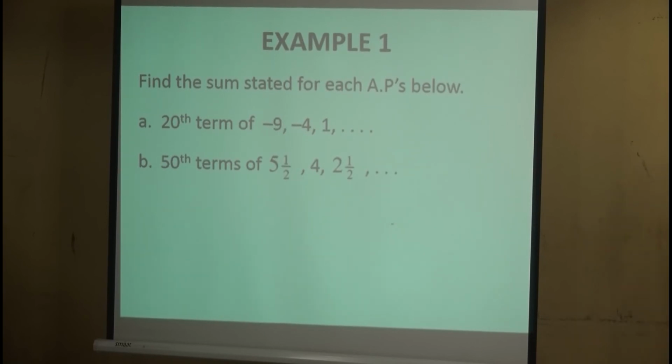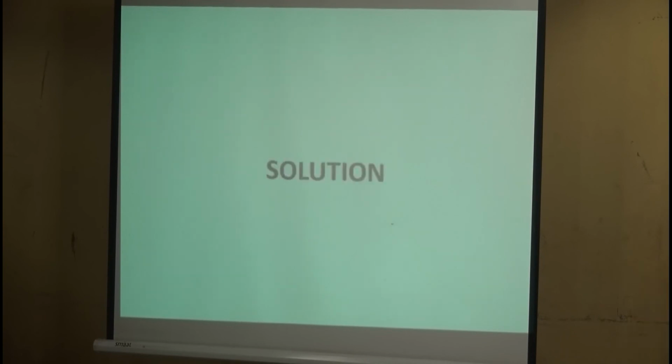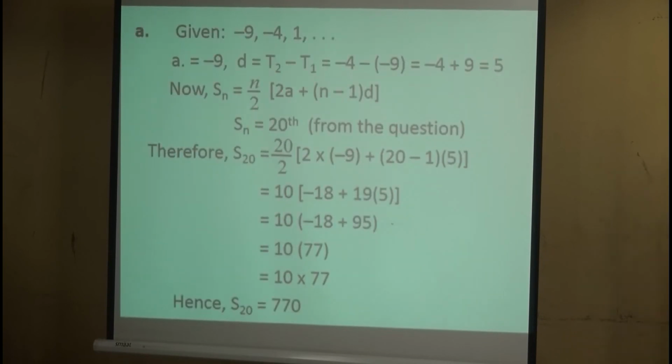In our solution, for the first question, the first term is given as minus 9. The common difference is T2 minus T1, and we arrive at 5.